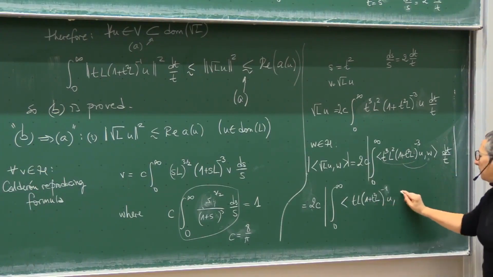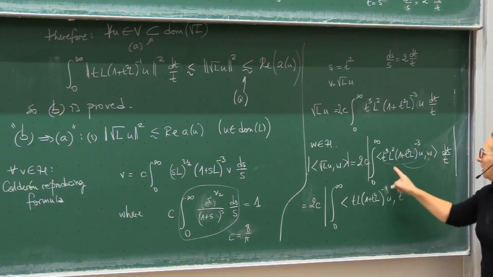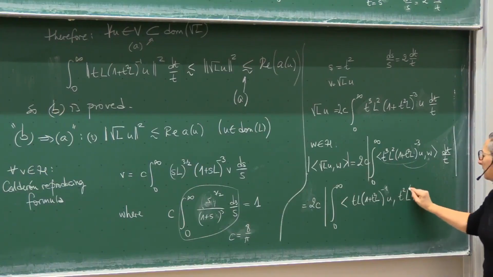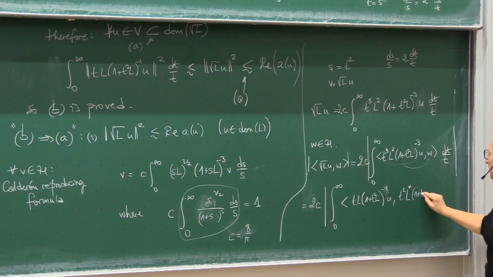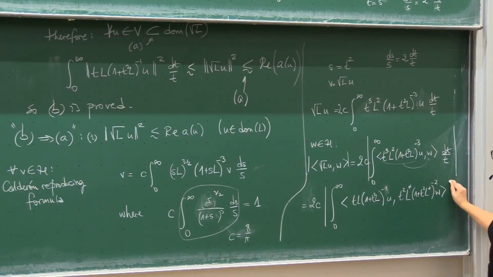I have a t squared, an L star, and a 1 plus t squared L star to the minus 2, w, right? Then a dt over t, and that's it.